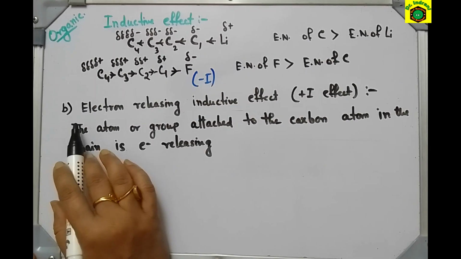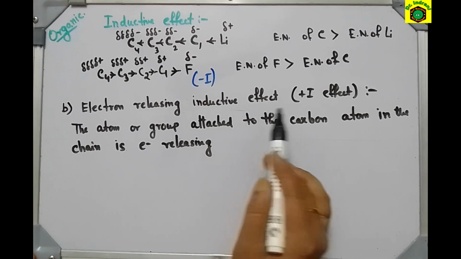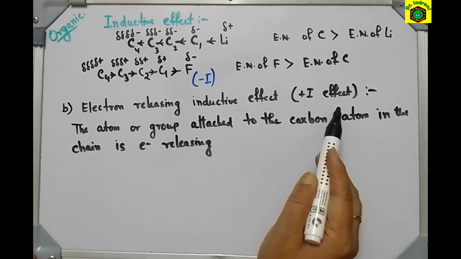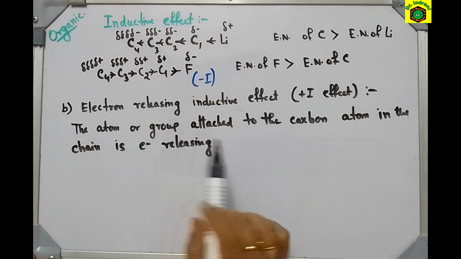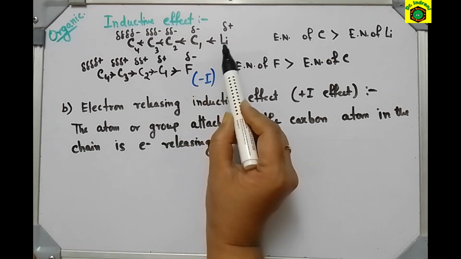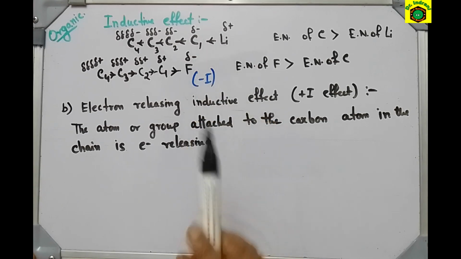Another is electron releasing inductive effect or electron donating inductive effect. It is called +I effect. Here what is happening, the atom or group attached to the carbon atom in the chain is electron releasing. It is releasing electron towards carbon.